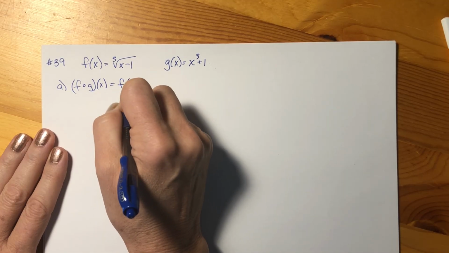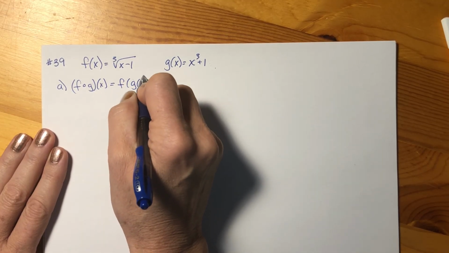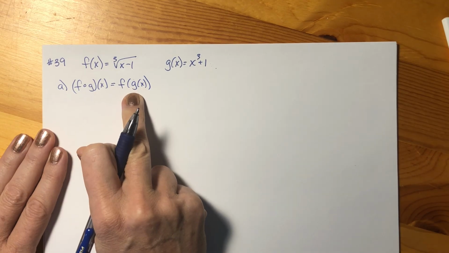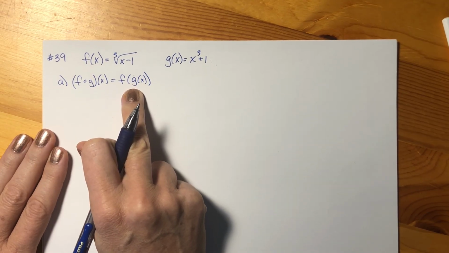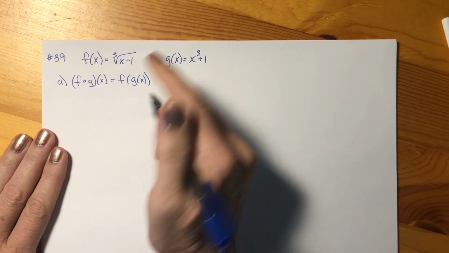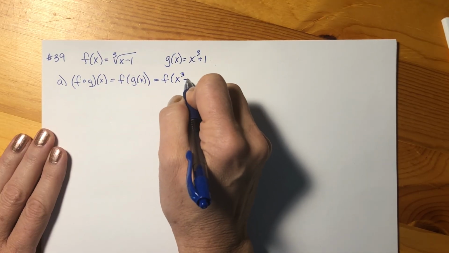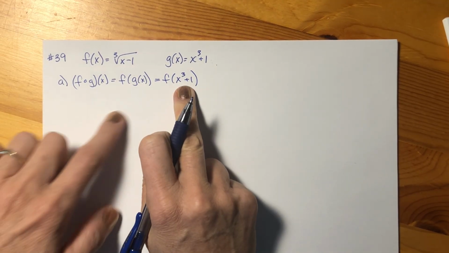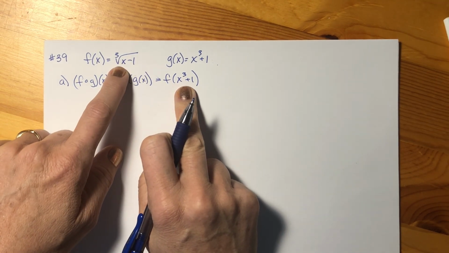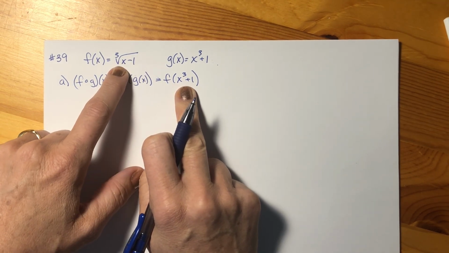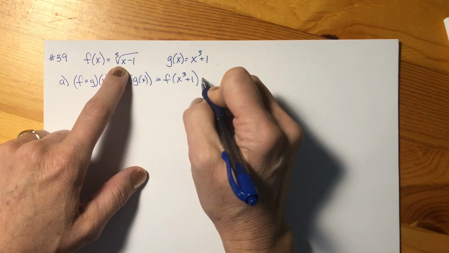So f of g of x. I'm going to start on the inside here, and I'm going to put my g of x into that. So I've got f of x cubed plus 1. Now, everywhere in the f function, I have an x, I'm going to replace it with this value.